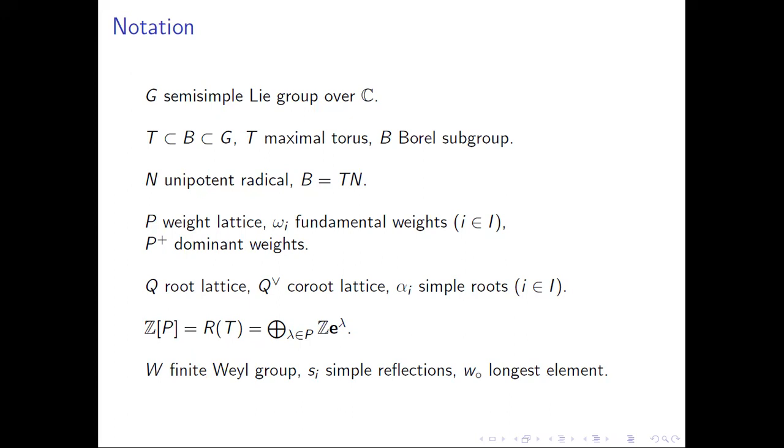Q check, the coroot lattice. Alpha I, the simple roots. And then we have the group algebra of the weight lattice, identified with the representation ring of the torus. So this is the algebra spanned by formal exponentials, e to the lambda, lambda being the weight. And then we have the finite Weyl group W generated by s I, the simple reflections, and w naught, the longest element. So all traditional notation.